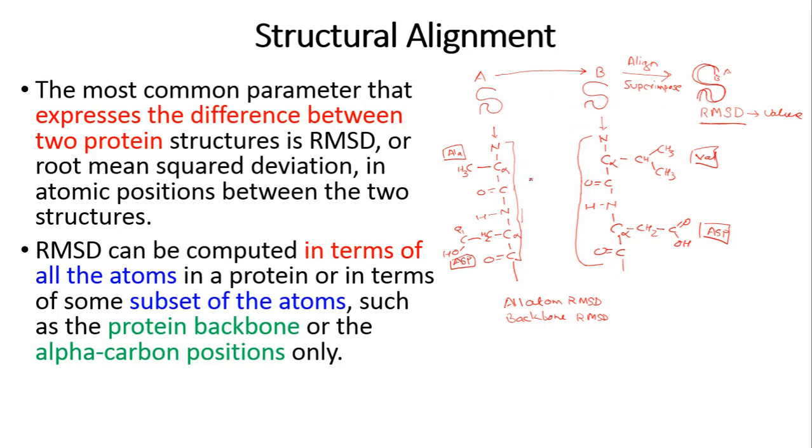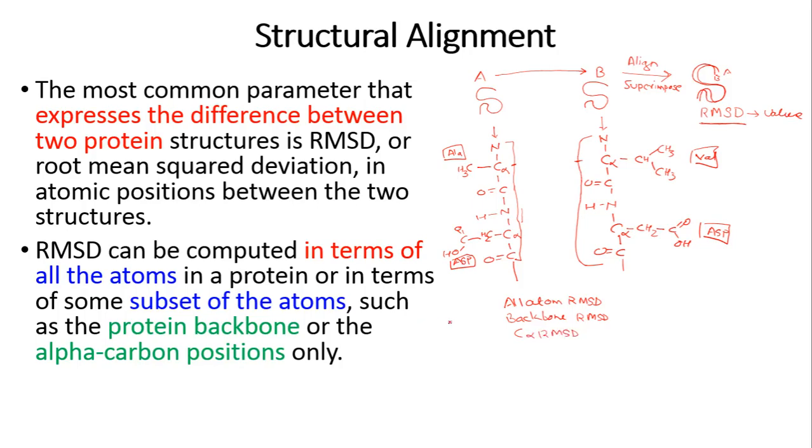Or, while superimposing the two proteins and calculating the RMSD, if you consider only the position of C alpha carbon atoms between these two proteins, you say that you have inferred the structural similarity at the level of C alpha carbon atoms, and in such a case we say we have C alpha RMSD.